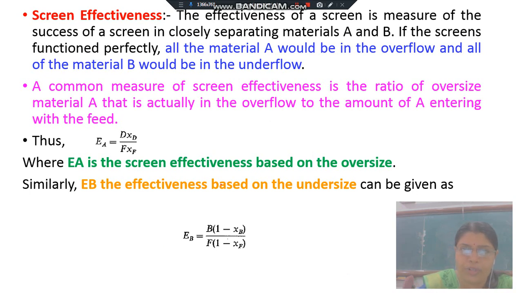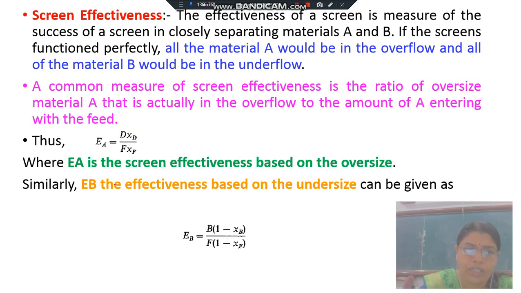If I want to write it in terms of the material A, EA, that means in terms of the overflow, I write D into XD divided by F into XF. F is the feed, XF is the A material in the feed, D is the overflow, and XD is the oversized material in the overflow. So this is the effectiveness based on the oversize.